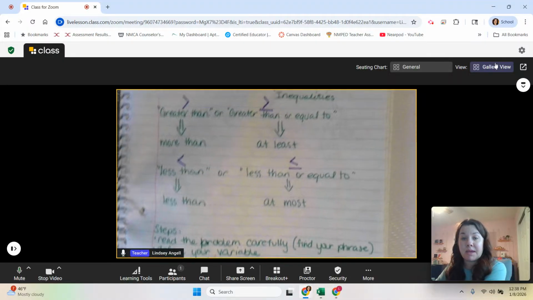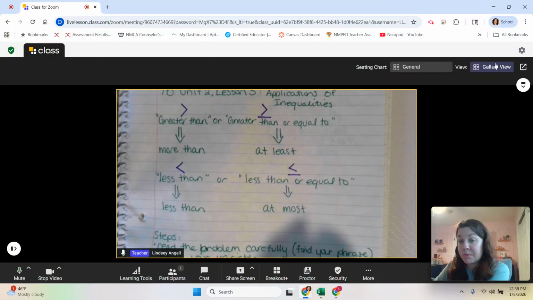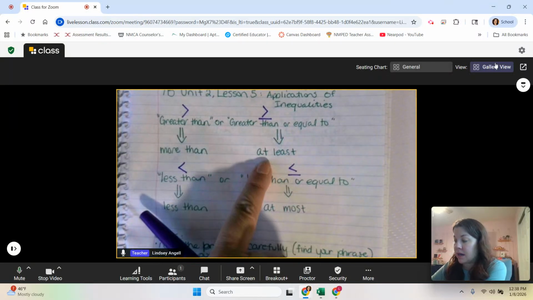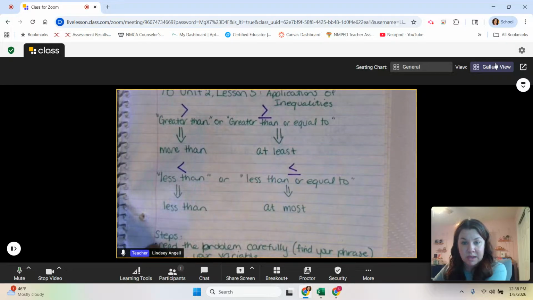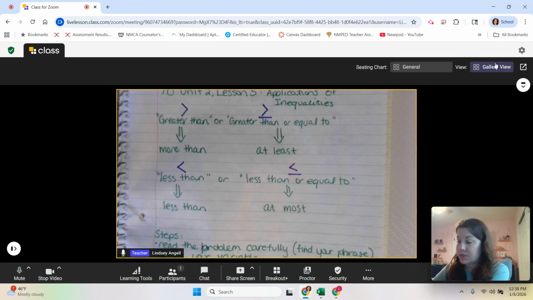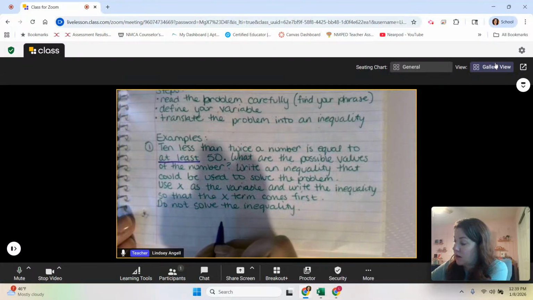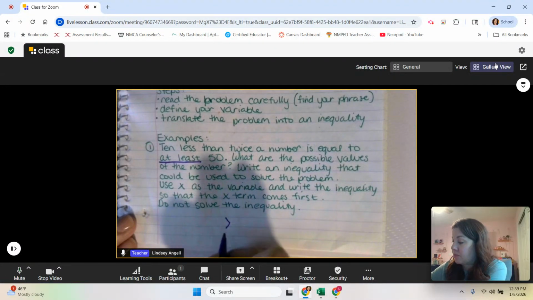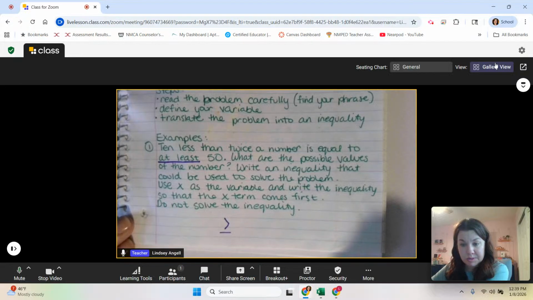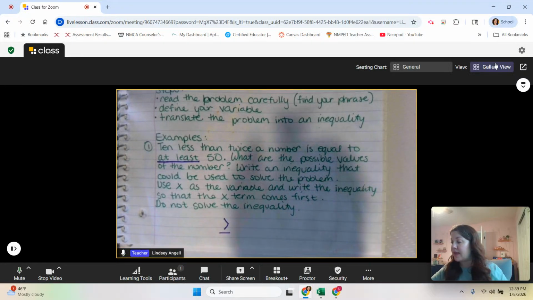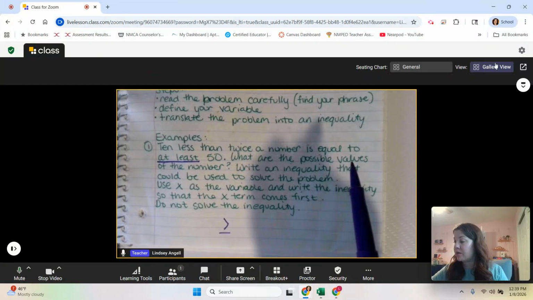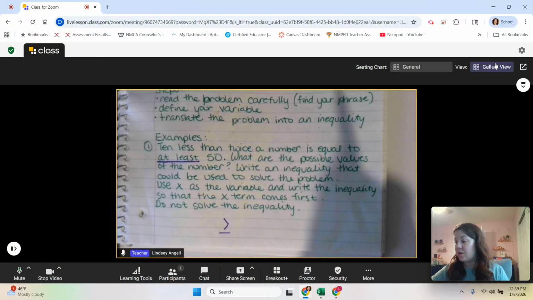So coming up here, which symbol has at least? Well, that's this one here. And if you need to, pause this video and write this down or screenshot it so that it can help you too. So I know that I'm going to need a greater than or equal to symbol. Okay, so there's my symbol. Then, what are the possible values of the number? Write an inequality that could be used to solve the problem.